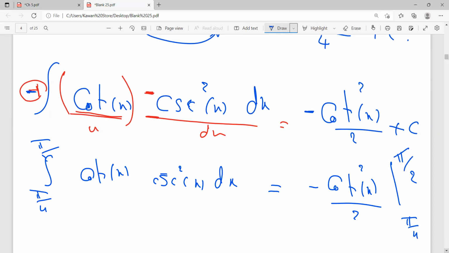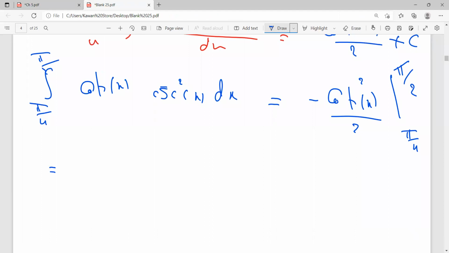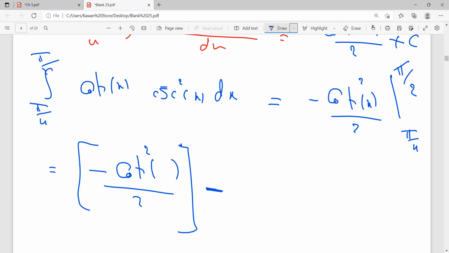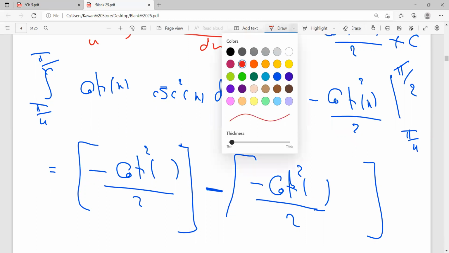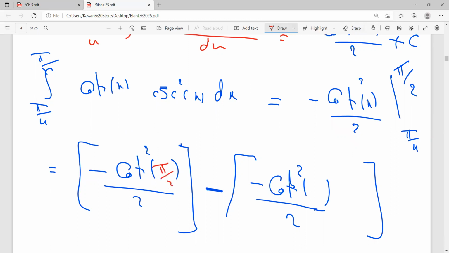So it is minus cotan squared over 2, this time using pi over 2, minus cotan squared over 2, that time using pi over 4. And you get the result.